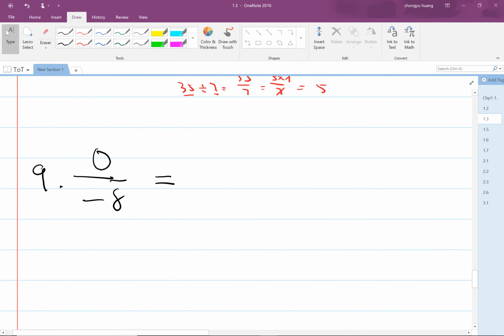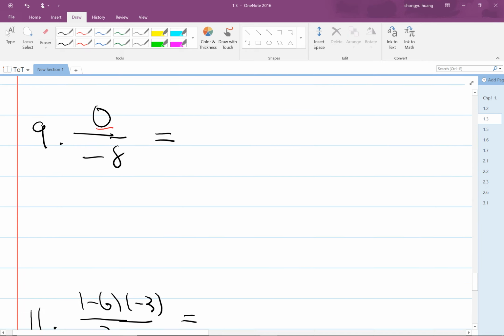Okay, so here what we can see is 0 as the denominator, right? Before, we said that if 0 is on the numerator, there's one property: if 0 is on the denominator, it's going to be undefined.